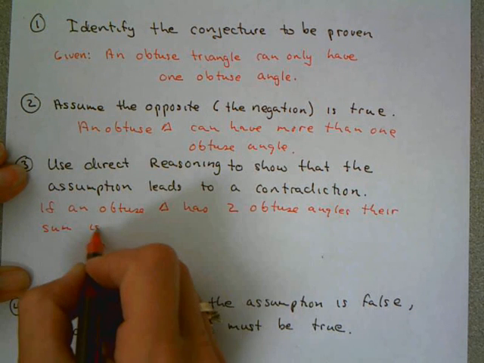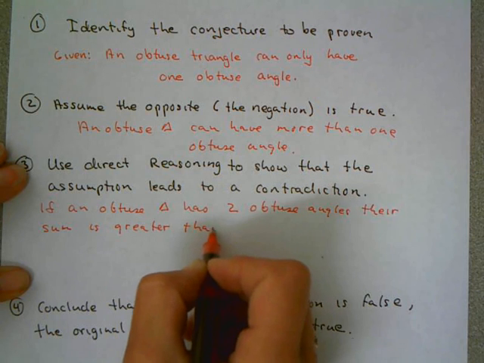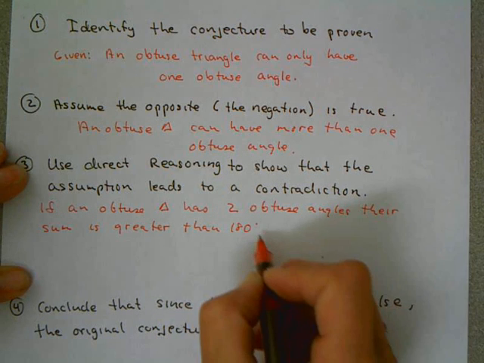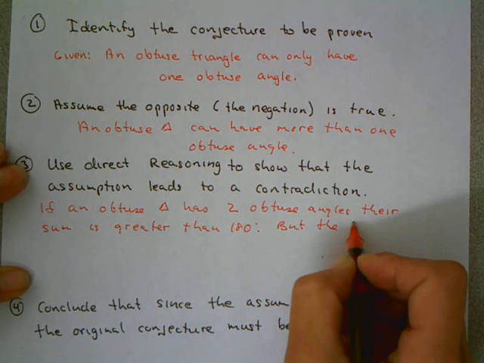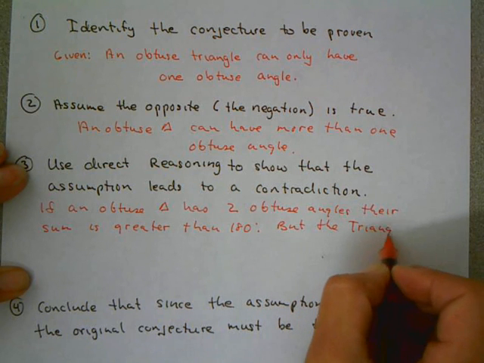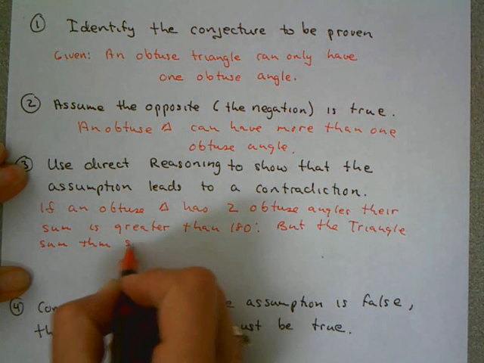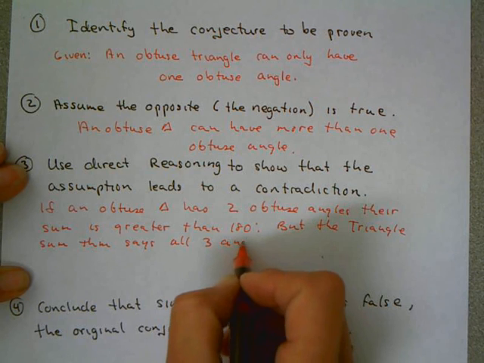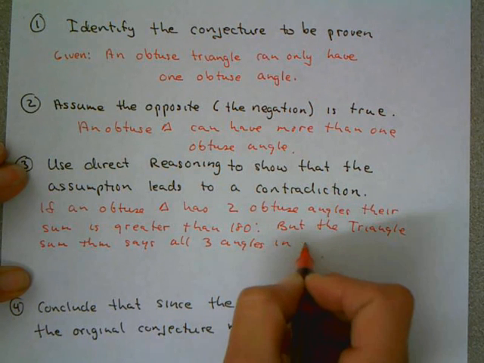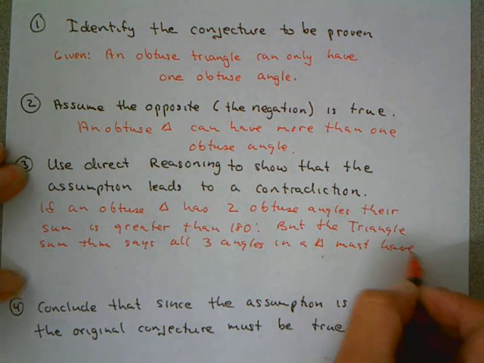But the triangle sum theorem says all 3 angles in a triangle must have a sum of 180. So the assumption is false. Just use some direct reasoning and show why it can't possibly be true.